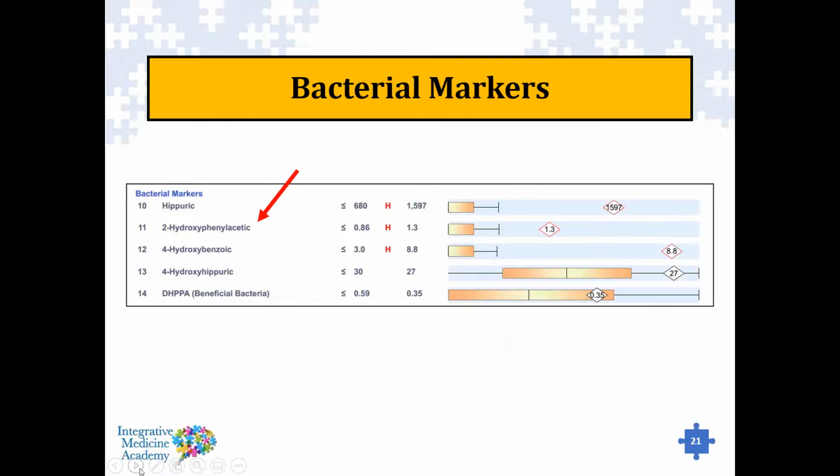Could it be possibly linked, let's say, to something like small intestinal bacterial overgrowth? Well, maybe. By itself, probably not, but the more bacterial markers you have elevated in this section, that certainly is a possibility. But as I've mentioned before, if you've heard me lecture, I personally don't use the organic acid test as a definitive test for small intestinal bacterial overgrowth.